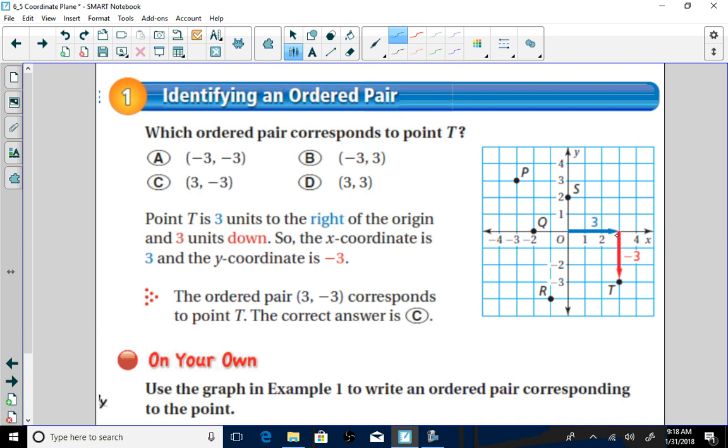So 3 units to the right means that my x value is going to be positive 3. 3 units down means that my y value is going to be negative 3. Remember, every ordered pair is an x value first and a y value second. So which point locates T? 3 comma negative 3 would be point C.